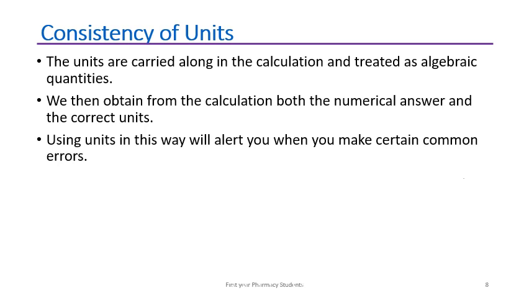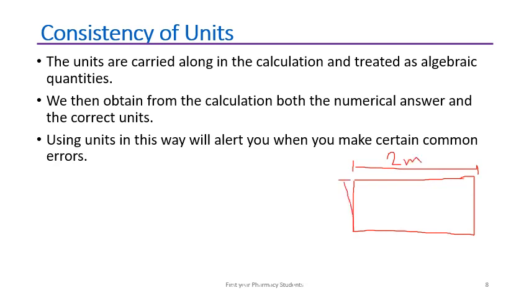So for example, if we have this rectangular shape and you are asked to find the area, let's assume that the length of this shape is 2 meters and the width of this rectangular shape is 180 cm.